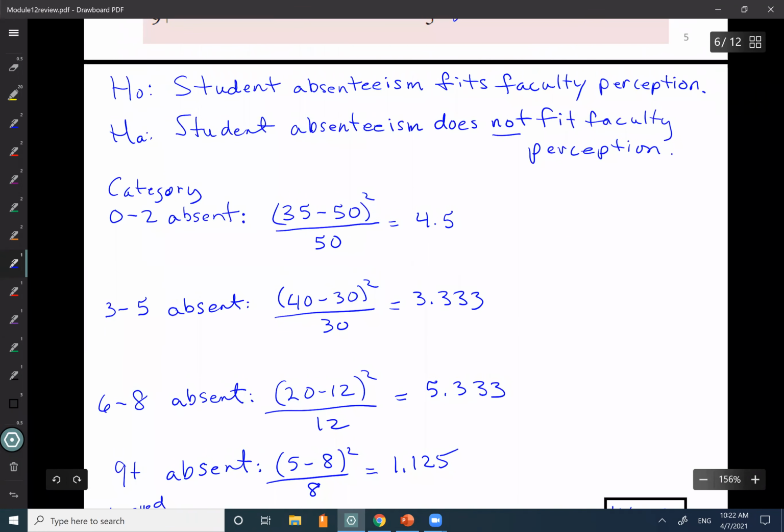So we would reject that student absenteeism fits the faculty perception. We're going to reject that, but we will accept the alternative. If you reject one, then you accept the other. So we can conclude that student absenteeism does not fit faculty perception.